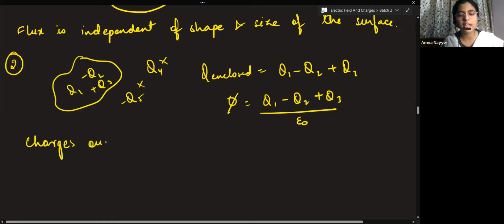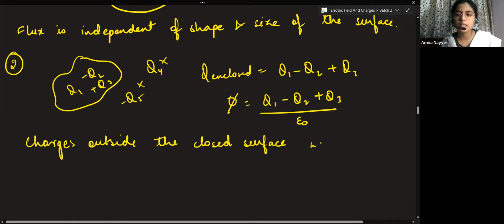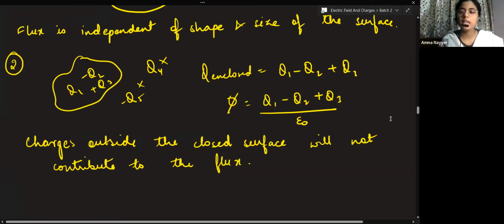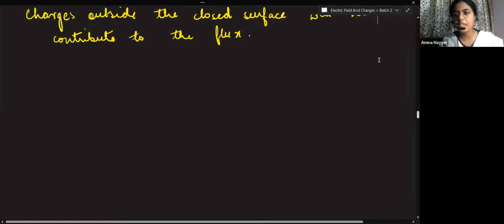Charges outside the closed surface will not contribute to the flux.